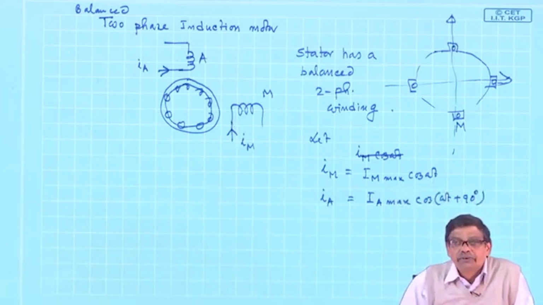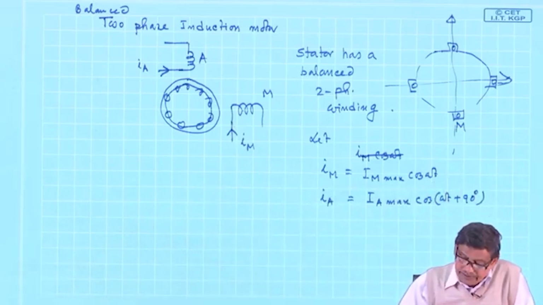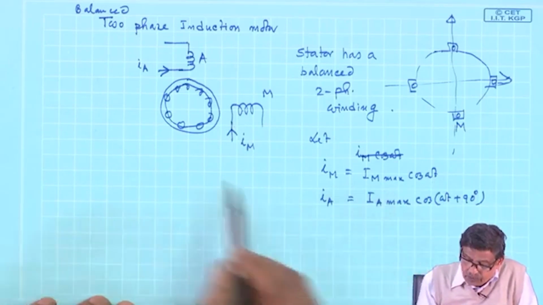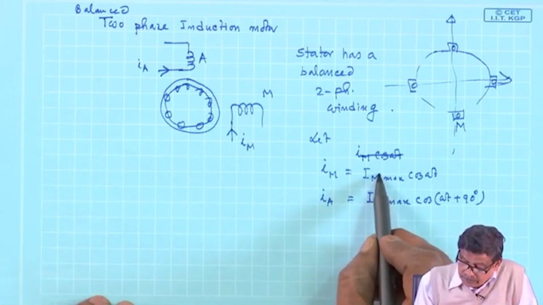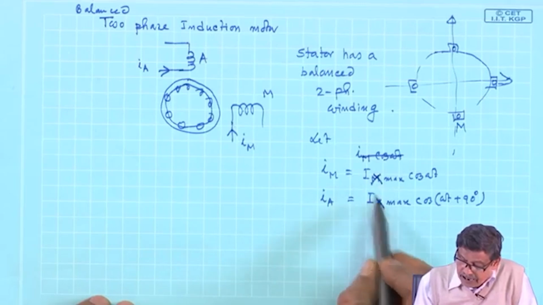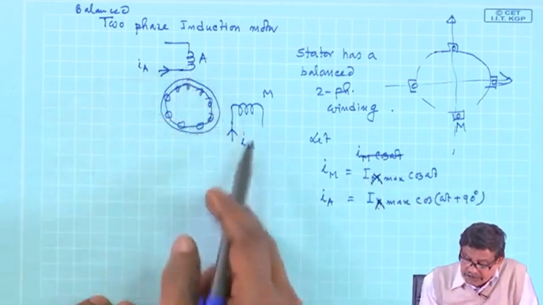We say 120 degree in case of balanced 3 phase. So, this is a balanced 2 phase current. Suppose I a max is equal to I m max. So, this m you remove, I max cos omega t, because these windings are balanced.